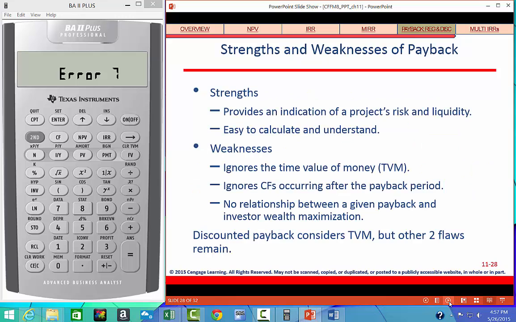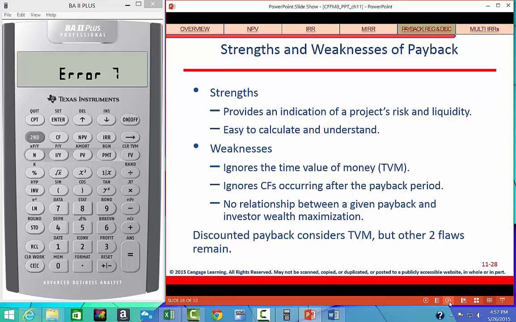Now, the strengths of the payback are that it just provides a quick measure of liquidity and it's easy to calculate. And that doesn't mean that those are very strong strengths. The weaknesses, which are pretty severe, is that it ignores the time value of money. It ignores any cash flow that would occur after the payback period.